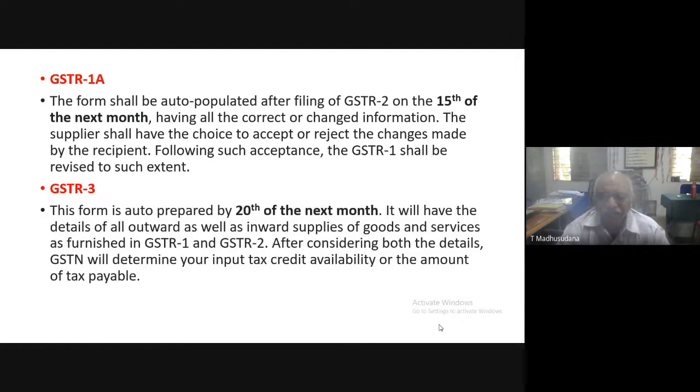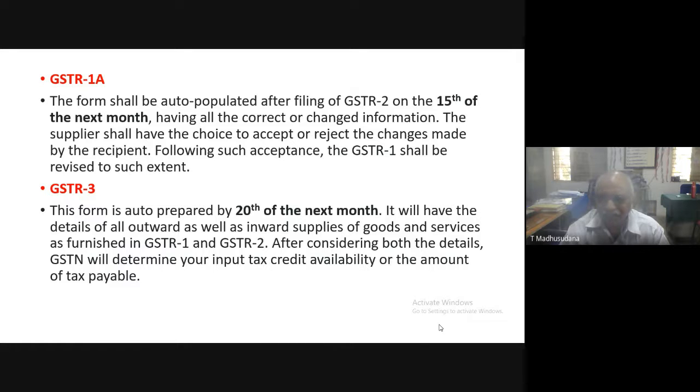Another form to be submitted by the taxpayers is GSTR 3. This form is auto-prepared by 20th of next month. So the due date for this form is 20th of next month.